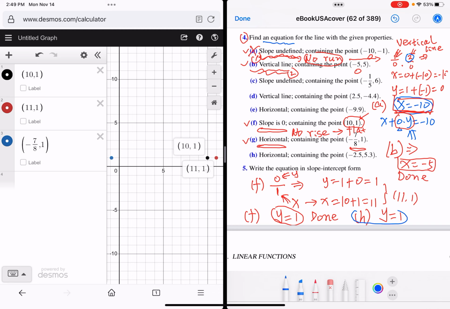That's for H. Y equals 1 for F, still the same. So here is 1, here is 1. All right? Okay, I'll stop here and I'll see you next time.